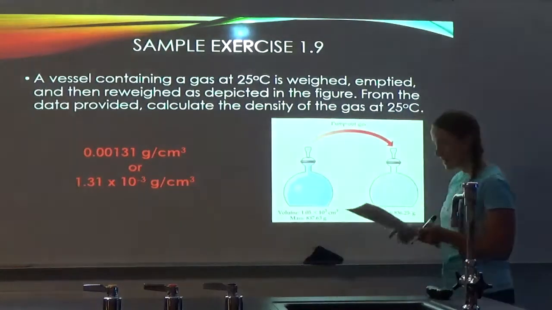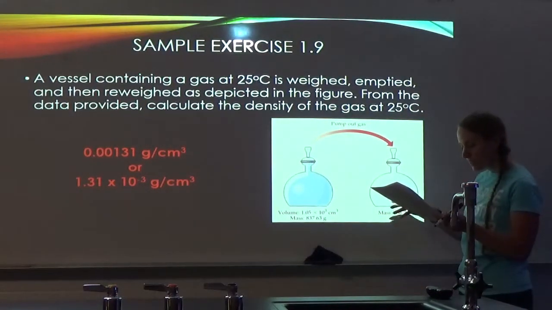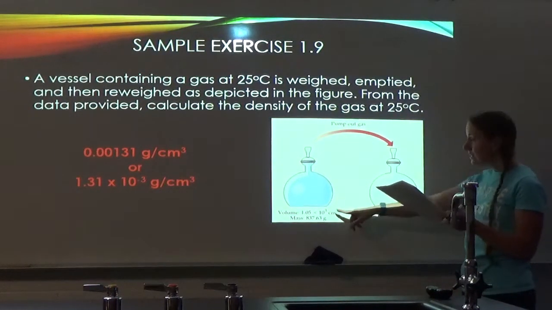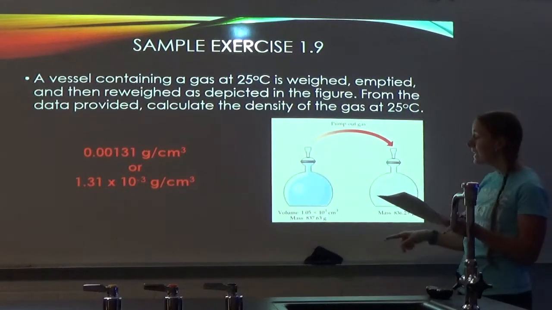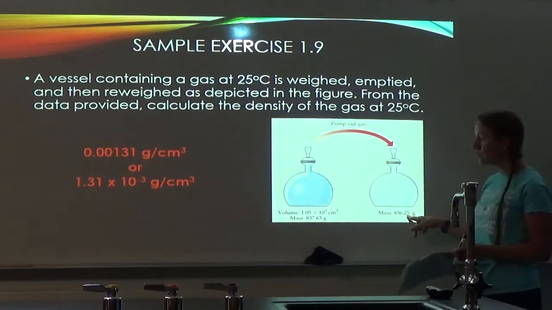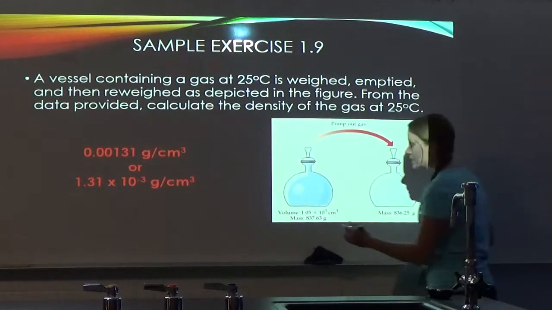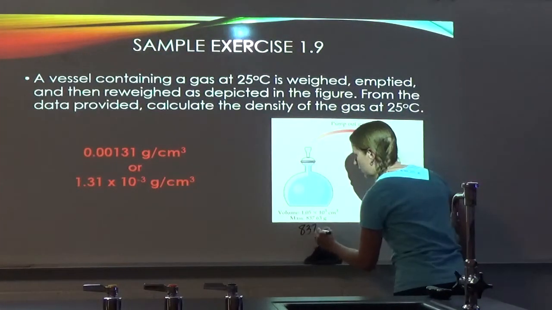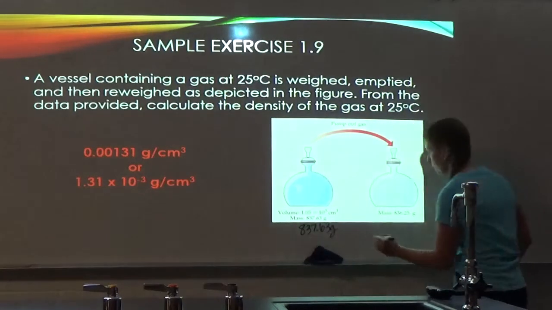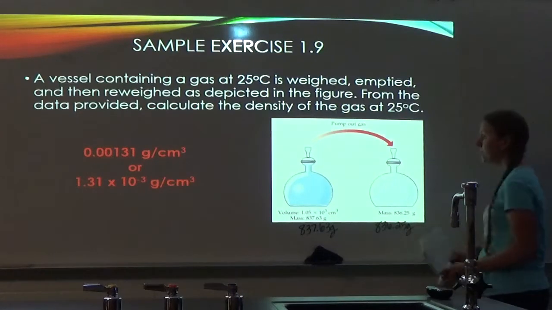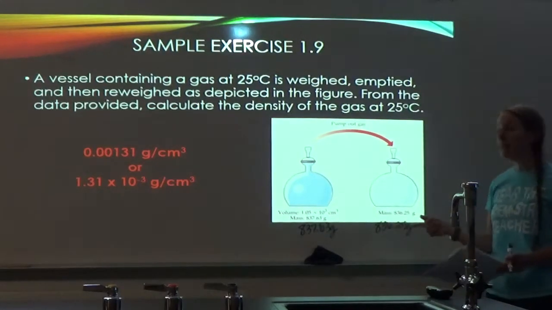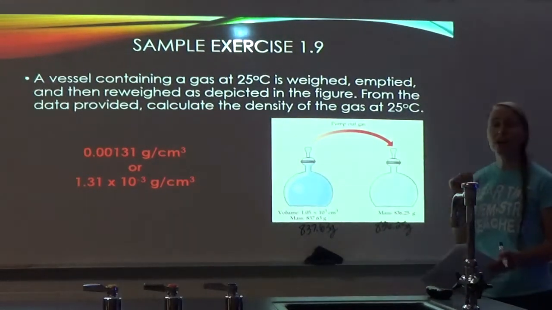Okay, it's saying that if our mass of the container was measured to 3 decimal places. So see, right now it's only been measured to 2. Okay, so here I had 837.63 grams and 836.25 grams.